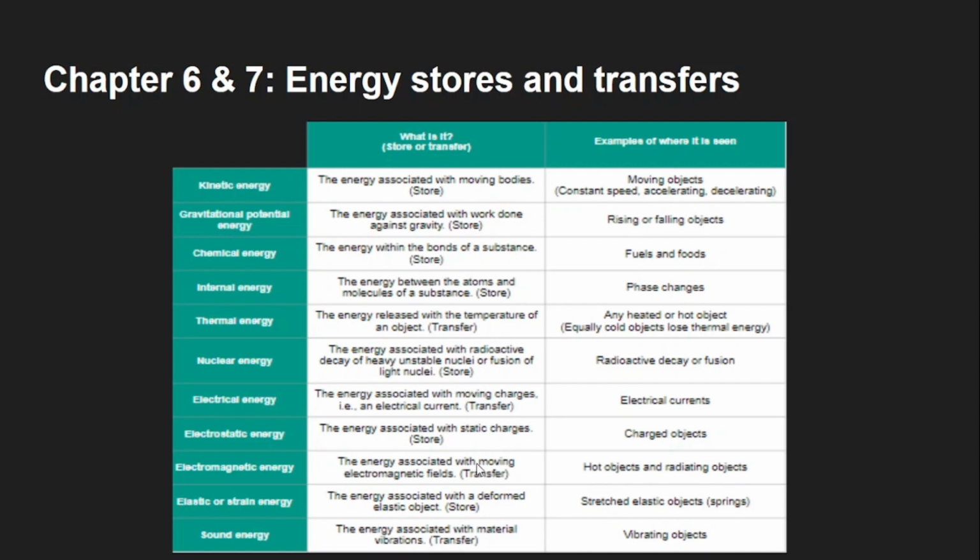If we look at electrostatic energy, this is the energy associated with static charges. An example of where we could see that is with charged bodies. So sometimes, if you are in a cold country and you are wearing a jumper, after some time you will feel a bit of a zap from your jumper, especially if it's a woolen jumper.